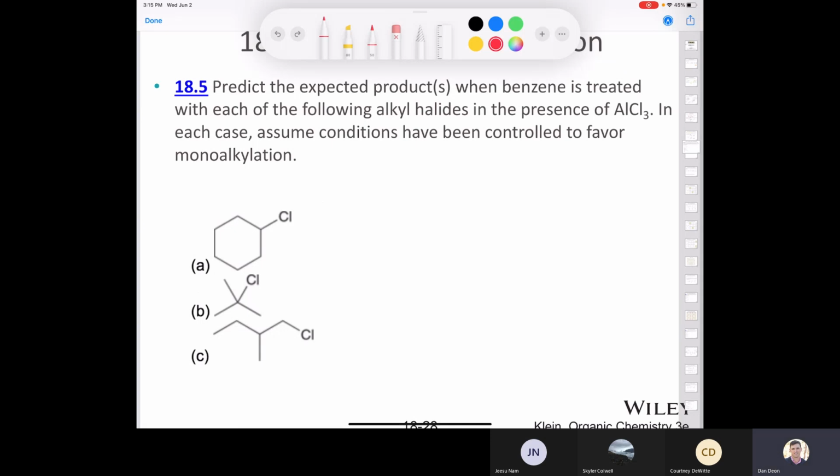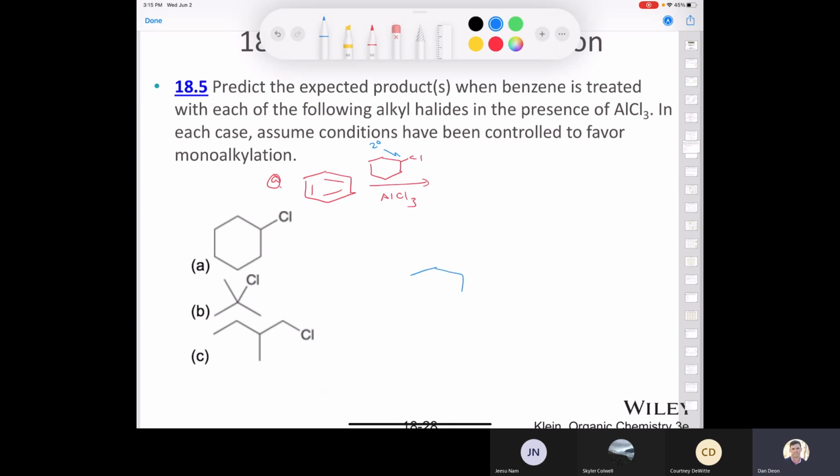Taking the first one, let me just draw it out like this. If we take benzene, this is A, and we treat it with chlorocyclohexane in AlCl3. Remember, this is a secondary alkyl halide, so we're not going to get any carbocation rearrangement.